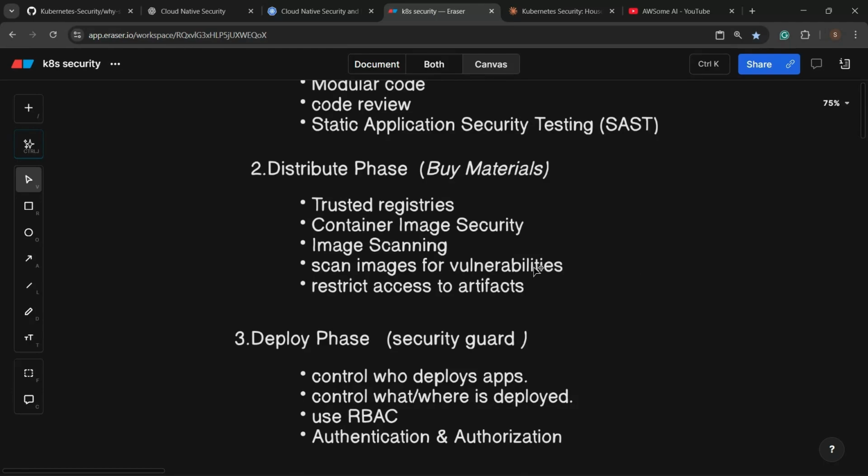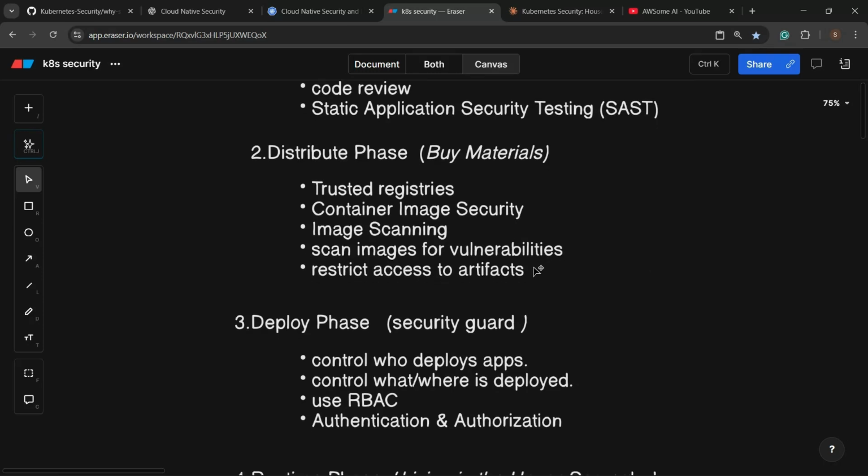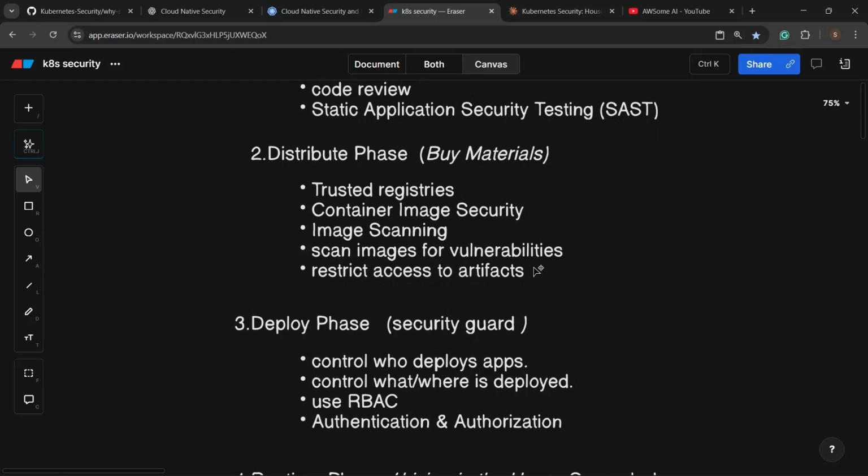Image scanning, which means you should always scan the images before you use them inside your application. If the images have any vulnerabilities or defects, you can detect them early before applying them inside your application. And then use trusted registries like AWS ECR, which is private by default.